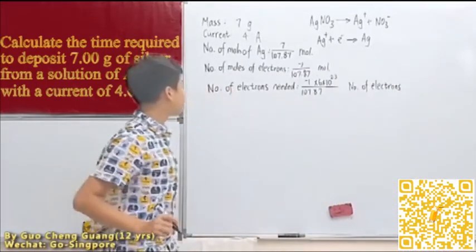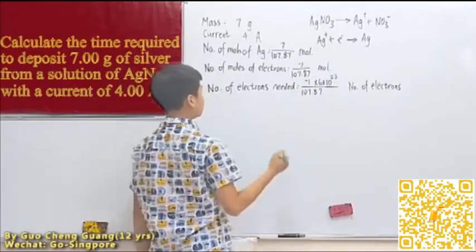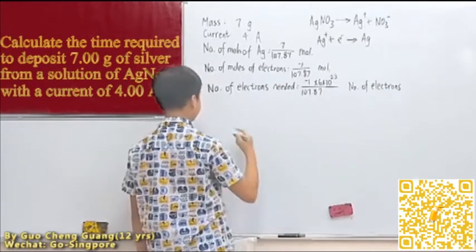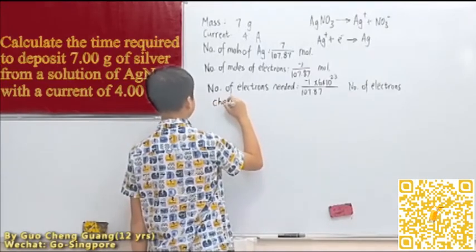Okay, so you have already found the number of electrons that you will need. The next part is that you need to find how many coulombs you need, so that will be the charge.